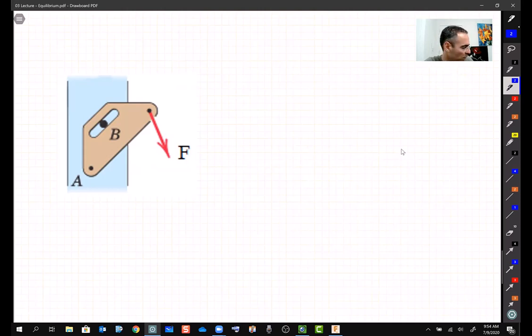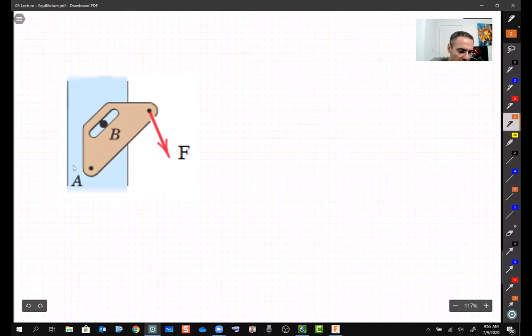Let's first find out what it really is. So I have a plate with this shape, like maybe a thin plate.